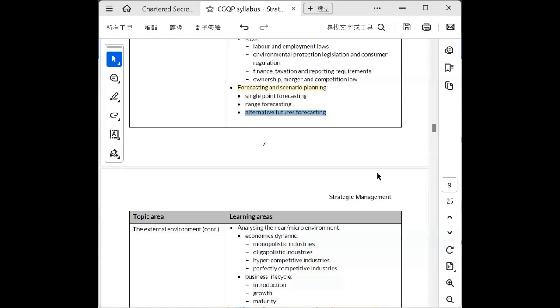And then we have disruptive futures. Disruptive futures refers to radical changes, some unexpected event or paradigm shift that ends up the current model. So that's the different future forecasting.